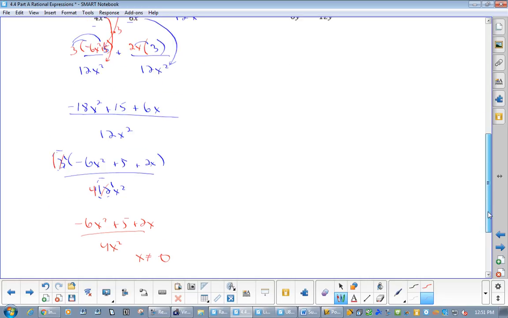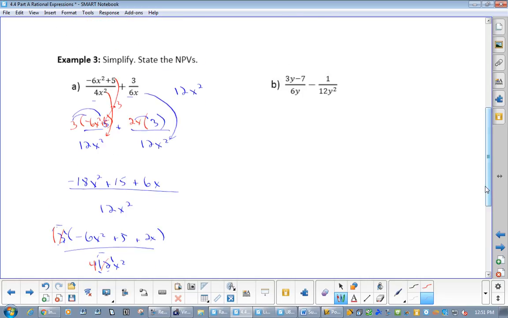Okay. Now, common denominator of 6y and 12y squared. So 12y squared, 12y squared. And again, for me to keep straight, I ask, what do I have to do to 6y to get 12y squared?